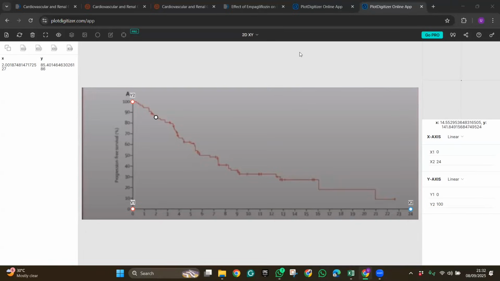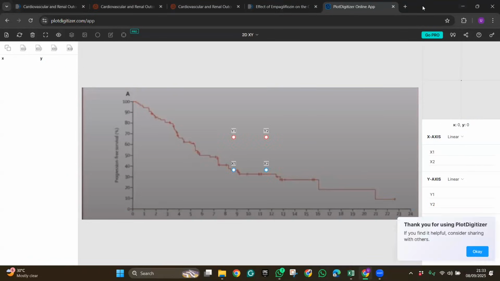Okay, I'll repeat, don't worry. I'll do it again. Everyone please pay close attention. On the left hand side, you see nothing. It's just x written here and y written here.